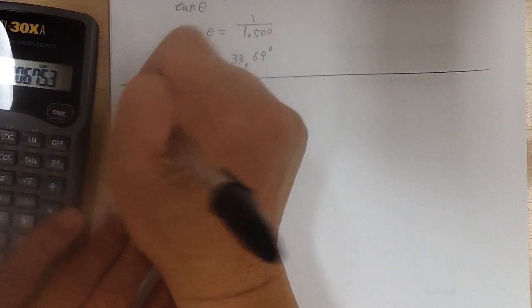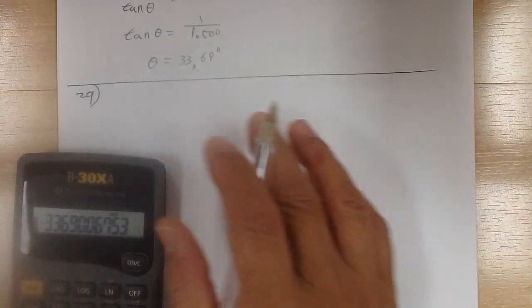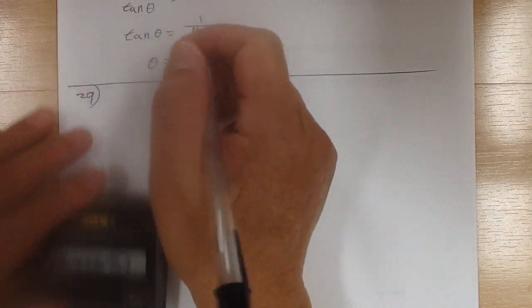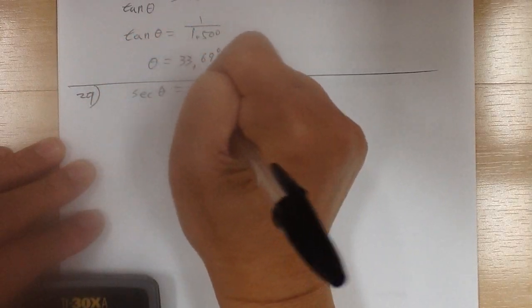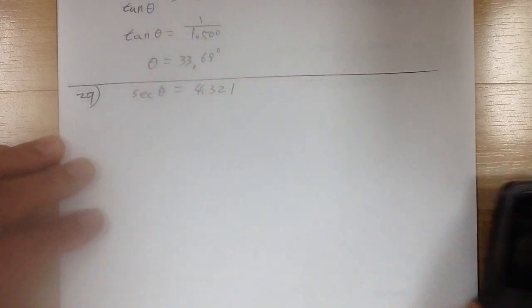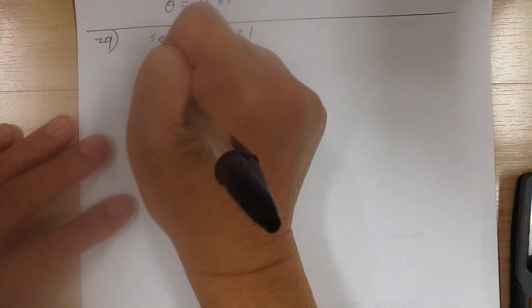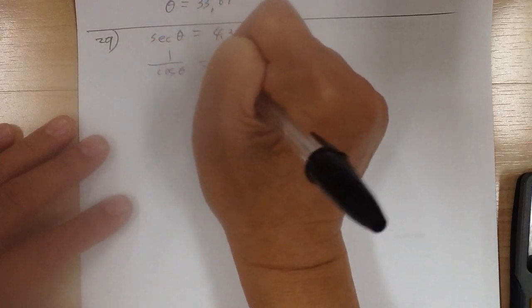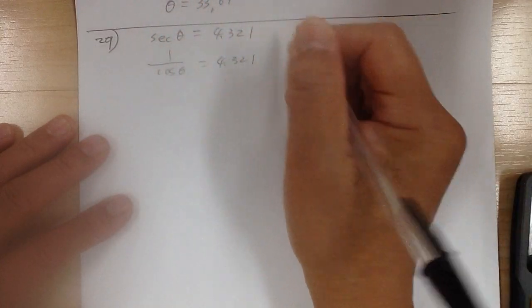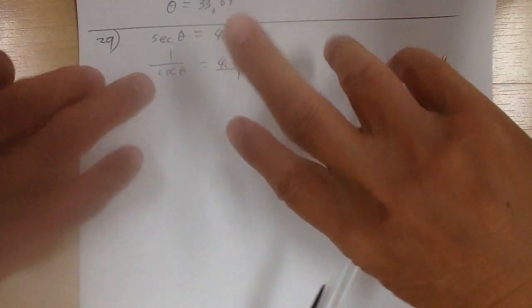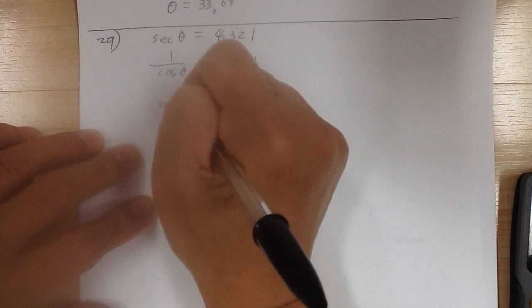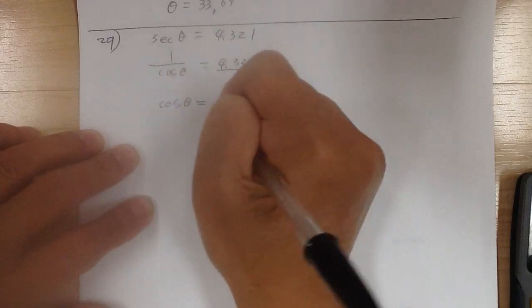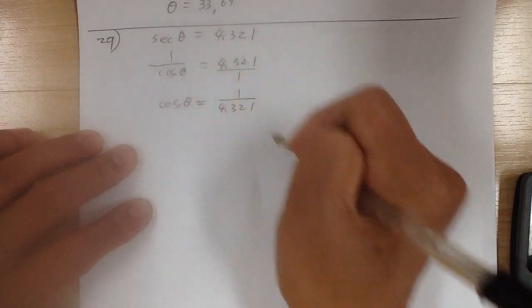Okay, 29. So you have secant theta equal to 4.321. Secant is 1 over cosine, so change that into 1 over cosine theta. If you want to, you can put over 1. Then you flip both sides. So you get cosine theta equal to 1 over 4.321.